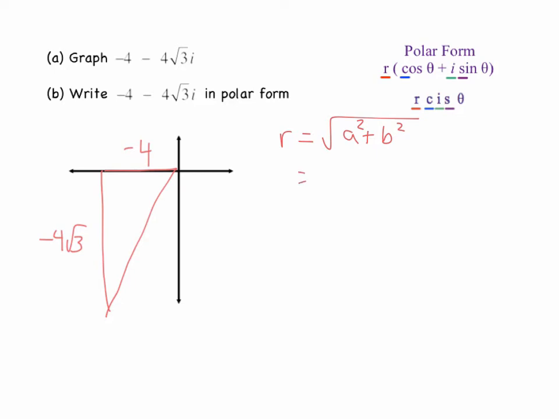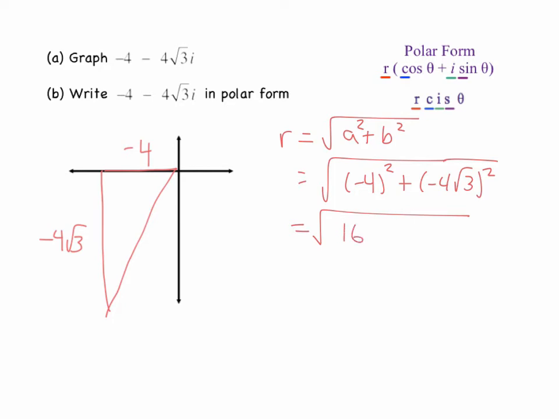So here, that becomes the square root of negative 4 squared plus negative 4 root 3 squared, which ends up giving you the square root of 16 when you square the negative 4. If we square the square root of 3, we just get 3, so we end up with a 48 there, which would be the square root of 64, which means my r value should be 8.